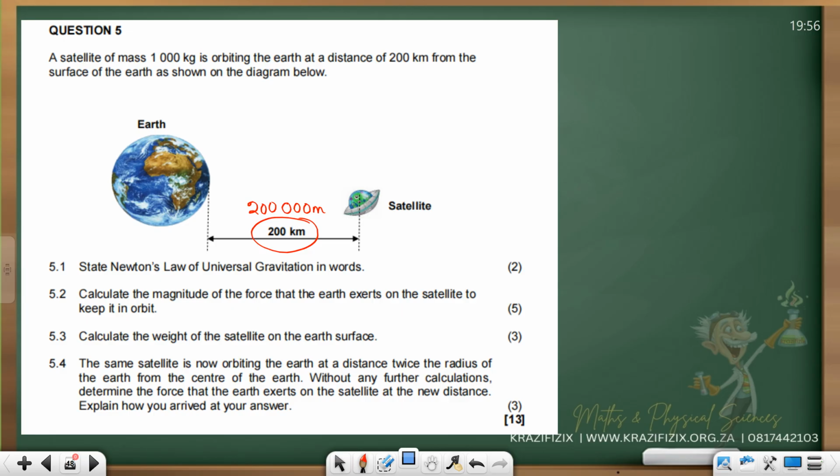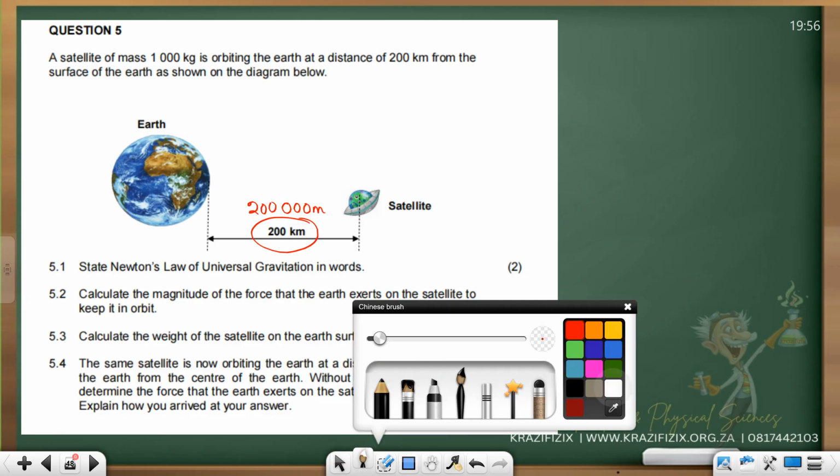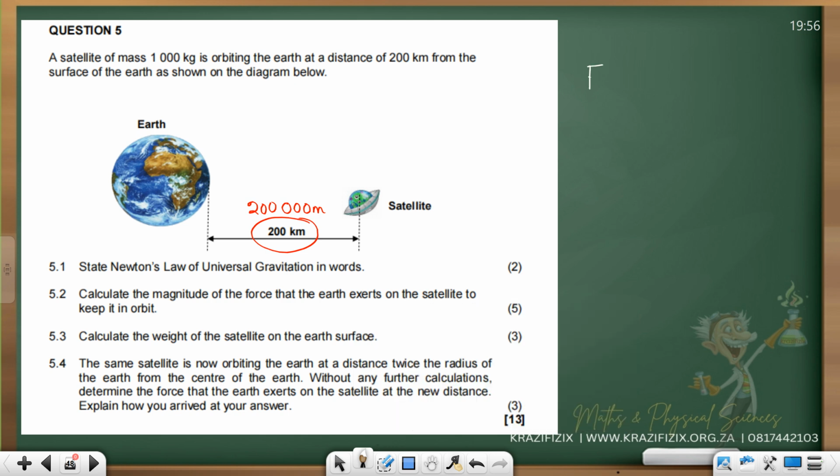Calculate the magnitude of the force that the Earth exerts on the satellite. Magnitude of the force. What are we looking for? We are looking for F. And what is F? G, then we can write mass of the Earth, ME, mass of the satellite, and the distance between their centers.